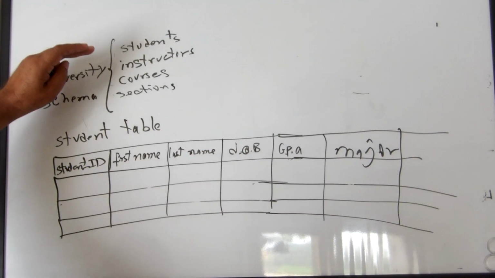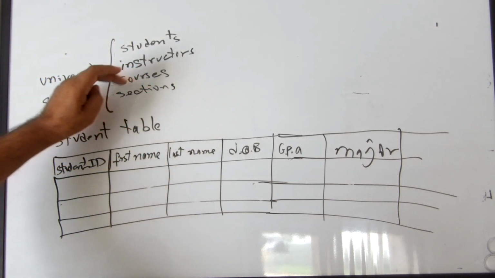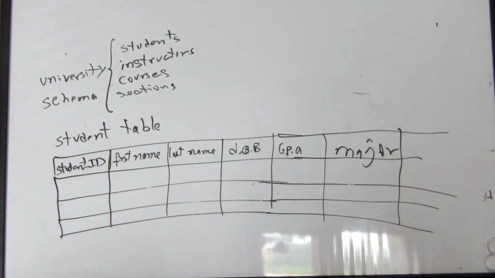Then for other items, you have to create tables that show the information. For an instructor, you have to give the name, the instructor ID, what the position is, when they started, the start day, and what department. You want to have all this information in order to have the database.